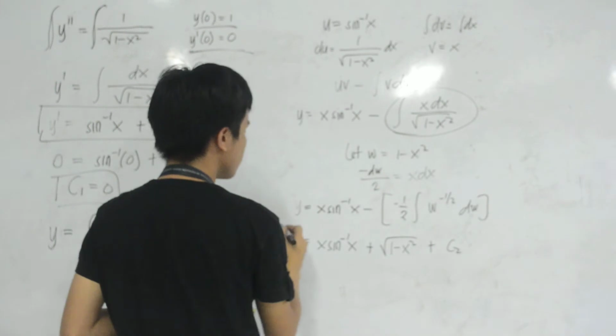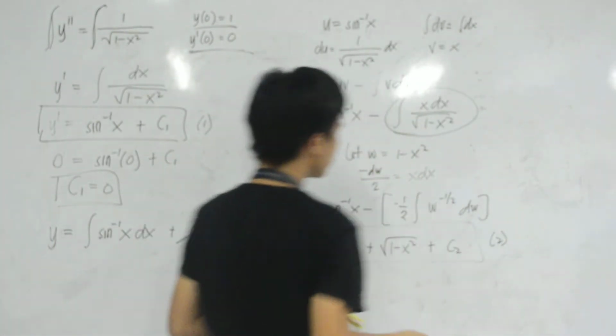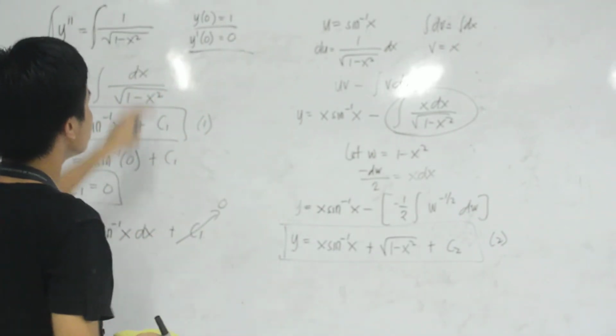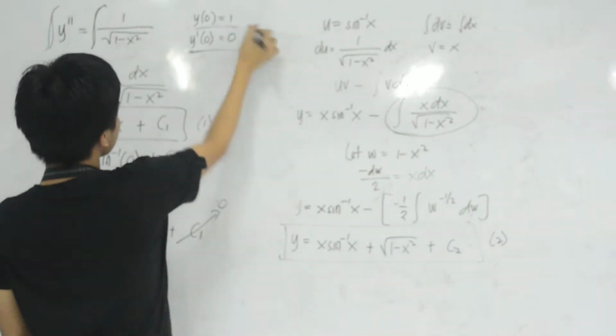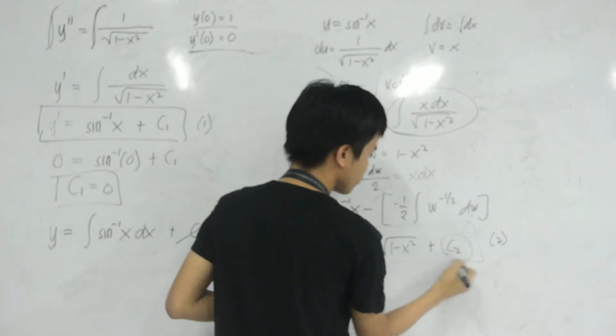So we will consider this as equation 2, where our c2 here is an arbitrary constant. But again, since it is given in the condition that y of 0 is equal to 1, we can solve for the value of our c2 here.